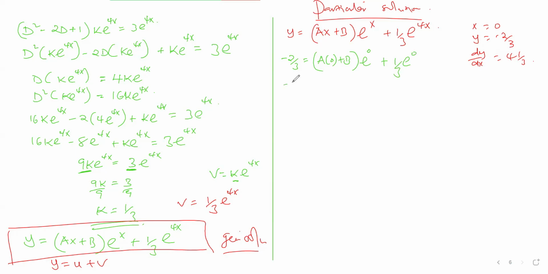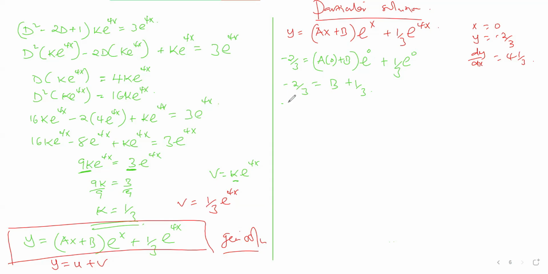So you'll have negative 2 over 3 equals b plus 1 over 3. Take 1 over 3 to the other side. Negative 2 over 3 minus 1 over 3 is negative 3 over 3, which is negative 1. Is it? Yes.